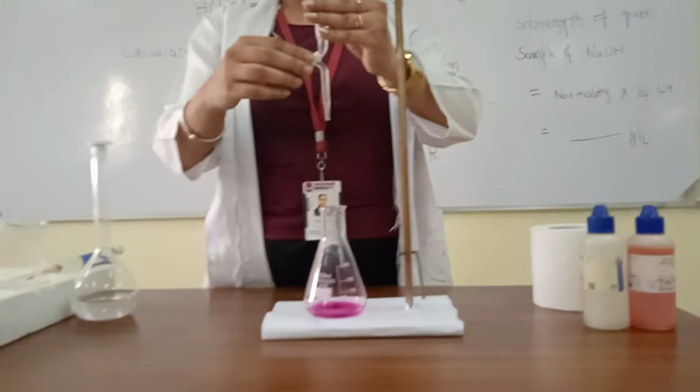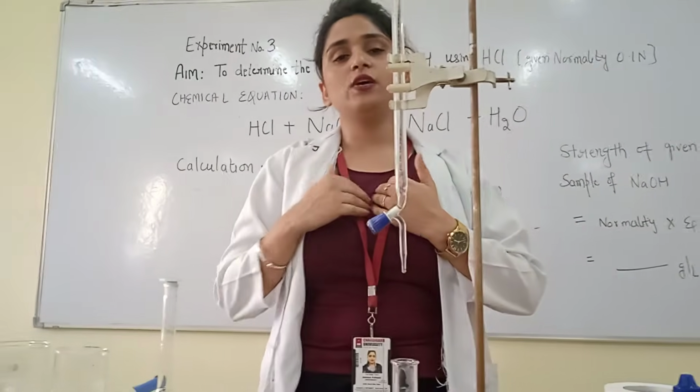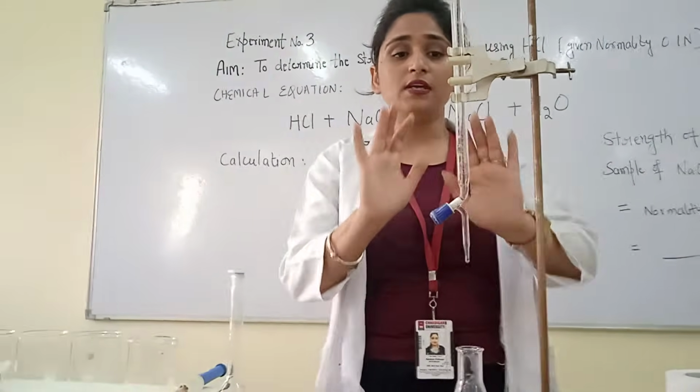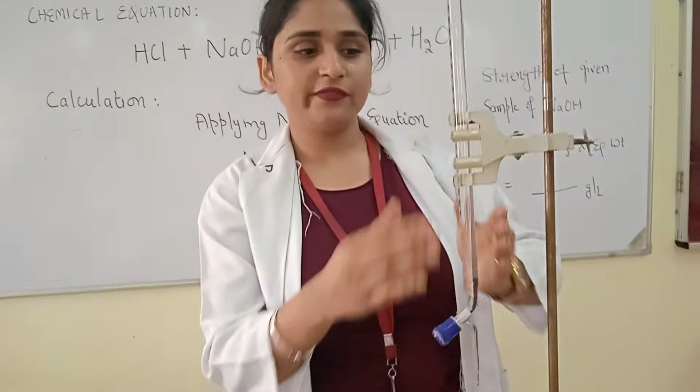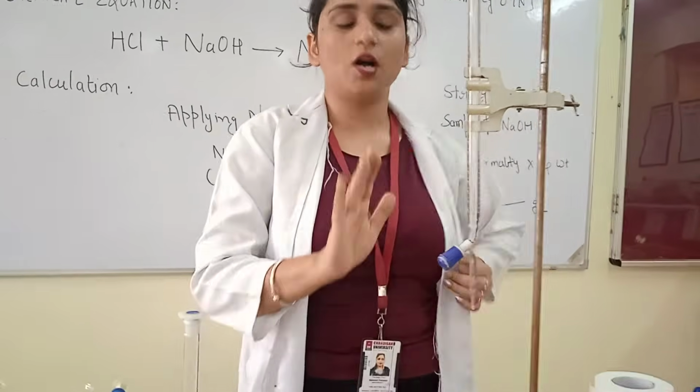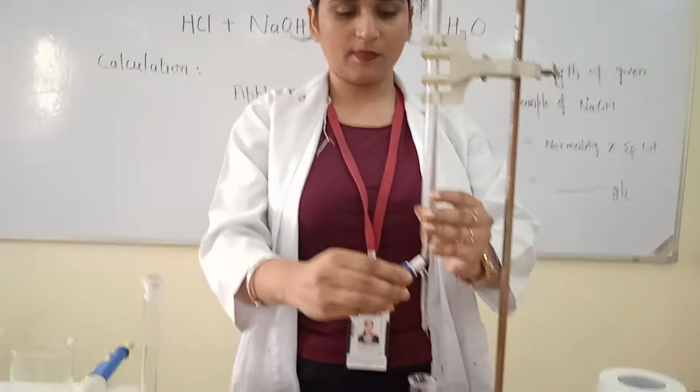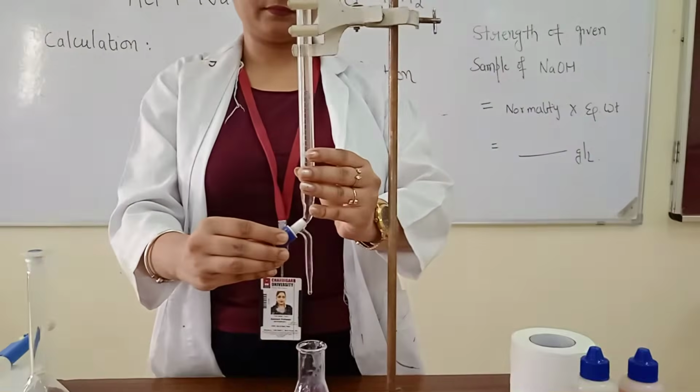Now I'm going to start. The first thing to keep in mind is that you are a single person, so you have to take care of all the things: the flow of the liquid from the burette into the titration flask should be constant and dropwise.